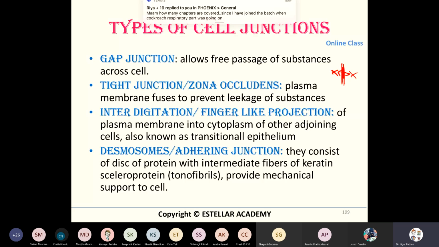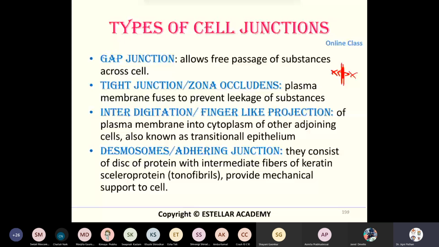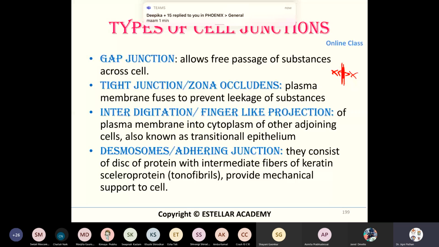Is it clear? Whatever you have missed, I'll give you notes. You go through it, and if you have any difficulties, we can discuss. Are you all done writing this part? Okay, no problem, take your time. Isha, are you understanding the concepts? Are you finding anything difficult?